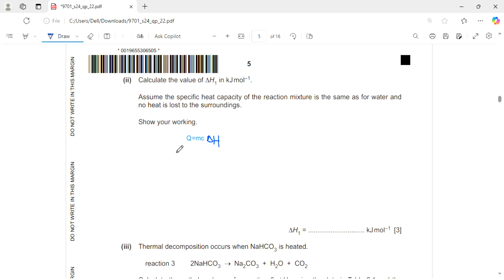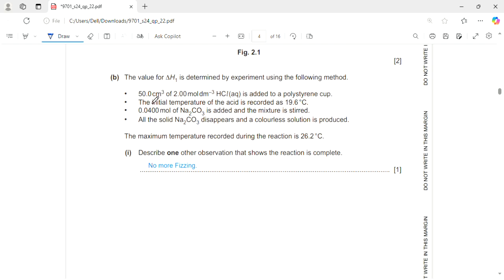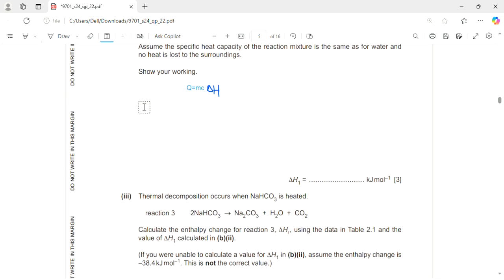So this M is the volume, which is 50, multiplied by the specific heat of the water, which is 4.18, and multiplied by the change in the temperature.